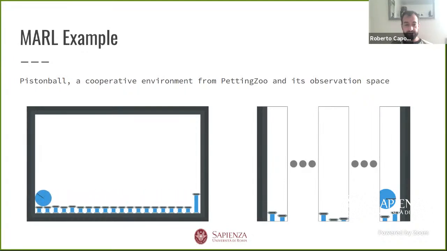And in order to do that, they only have an observation space, which is limited. As you see from this image, they have basically a visibility of three pistons, one of which is the agent itself, and they only see that. So there is a partial observability issue here.